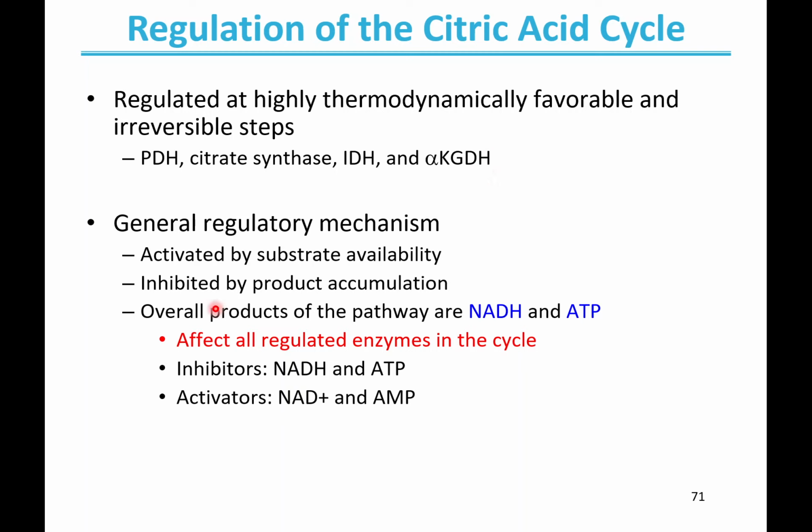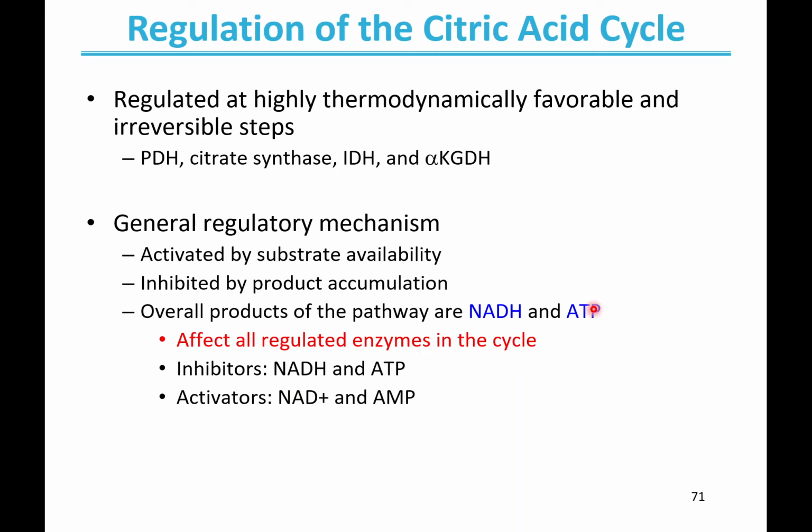Okay. Generally, they're activated by substrate availability and inhibited by product accumulation. So just as a general rule for the citric acid cycle, you can say these enzymes are activated by substrate availability and inhibited by product accumulation. Okay, overall, the products of the pathway are NADH and ATP.